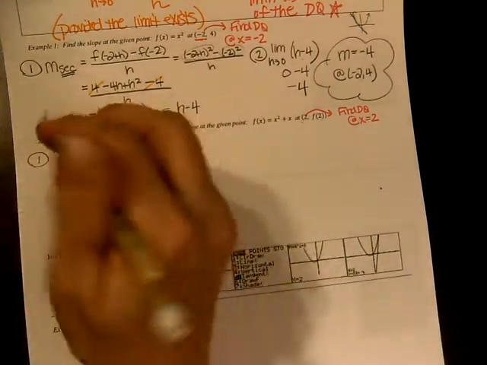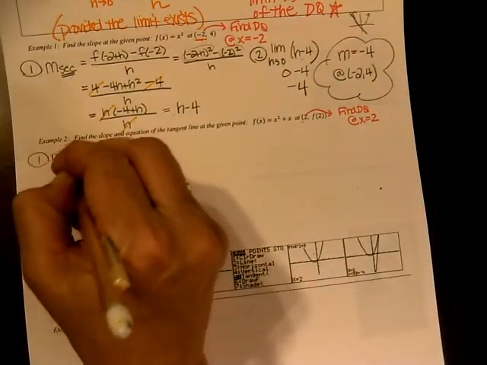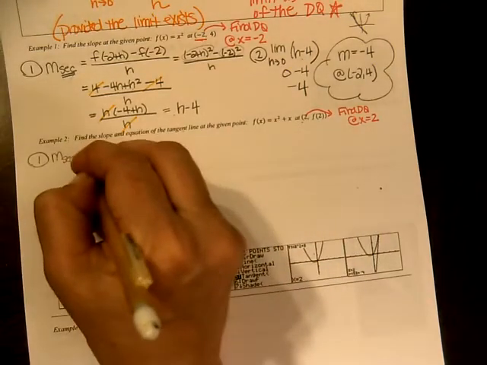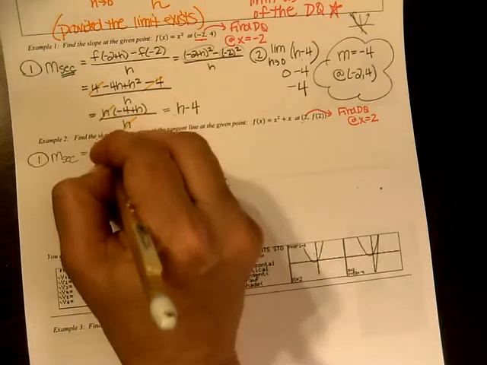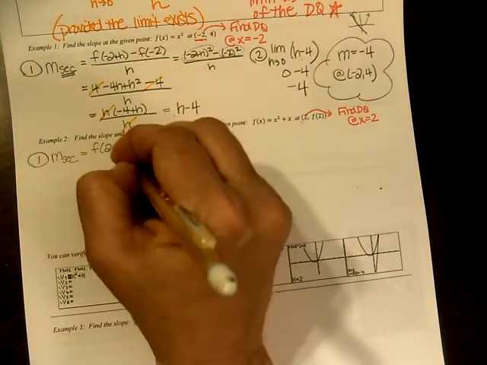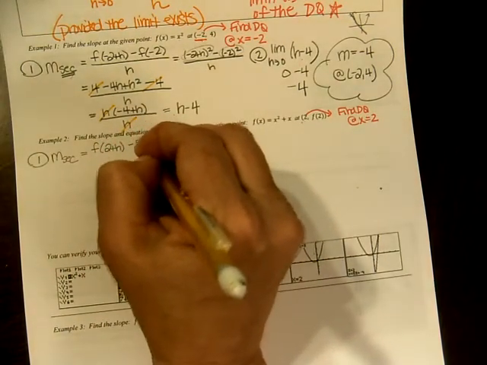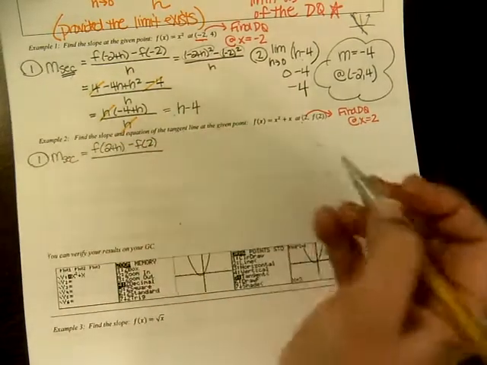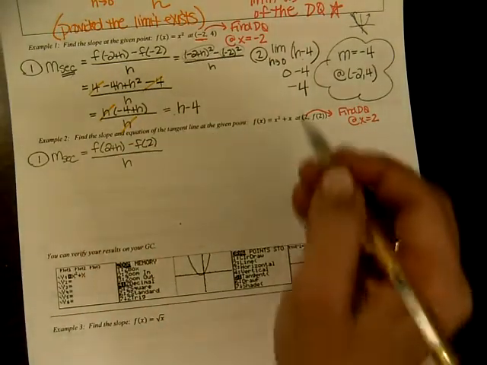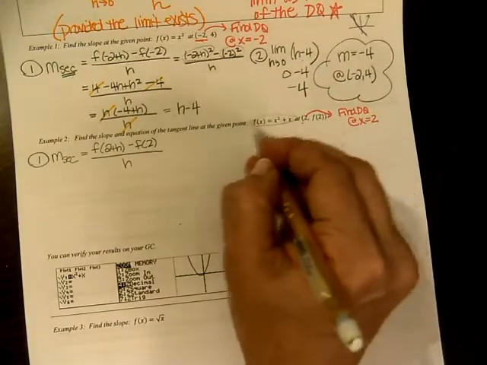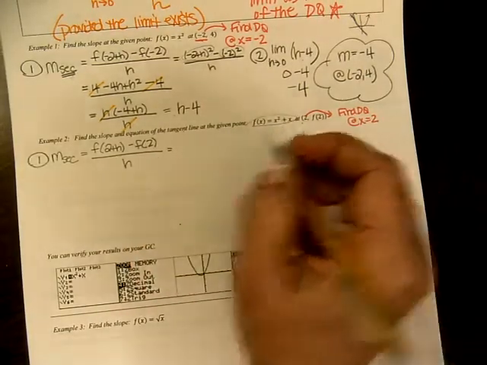So I'm going to start by finding the slope of the secant line, and that is going to be f of x plus h, so f of 2 plus h, minus f of x, which will be f of 2, and then over h. So now we have to use this function. Notice this one's a little bit more complicated.